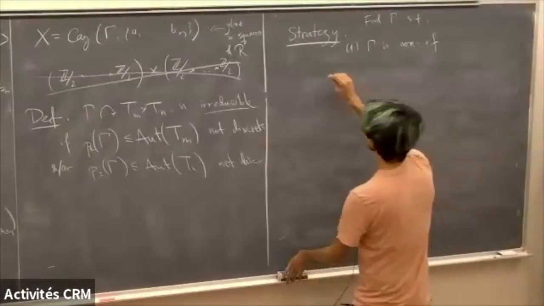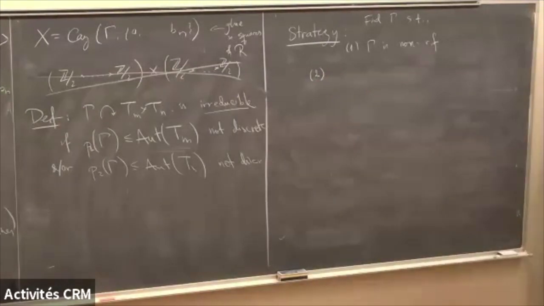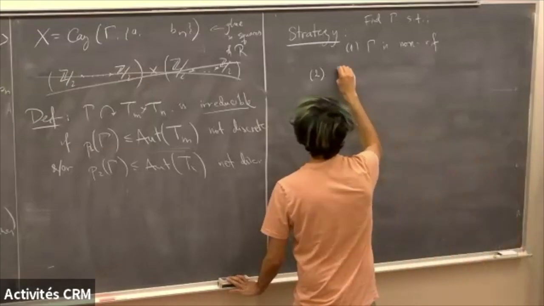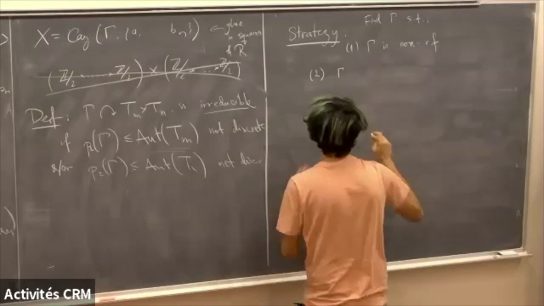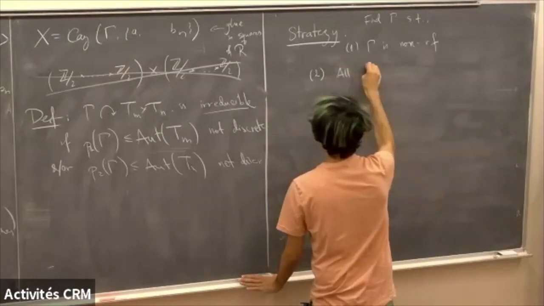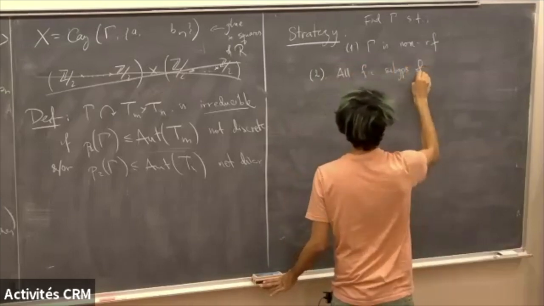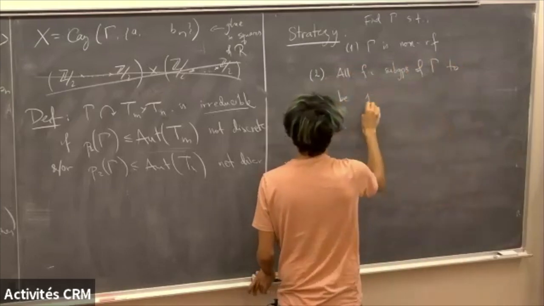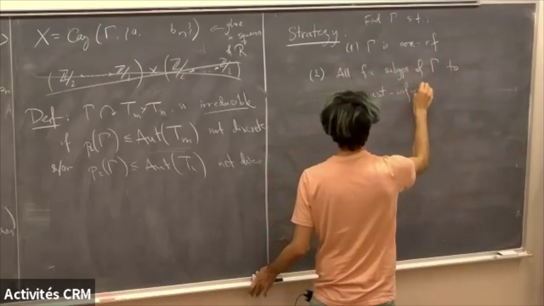And the second thing, which is maybe even more challenging, is you want all finite index subgroups of Gamma to be just infinite, and I'll define this.